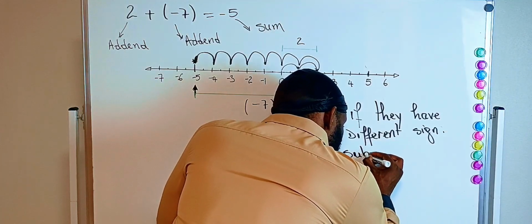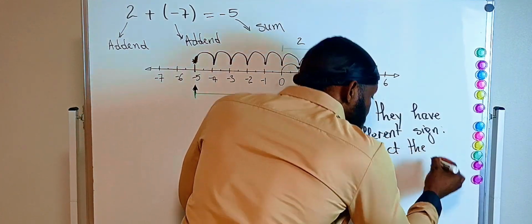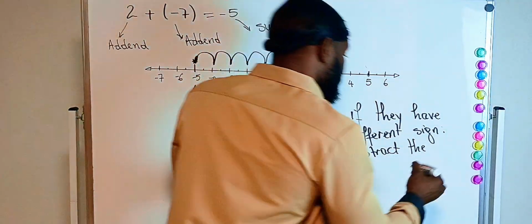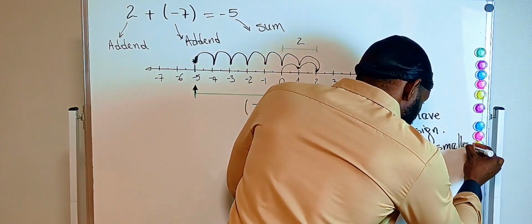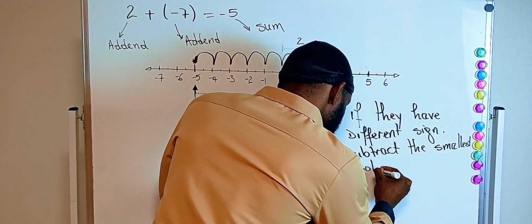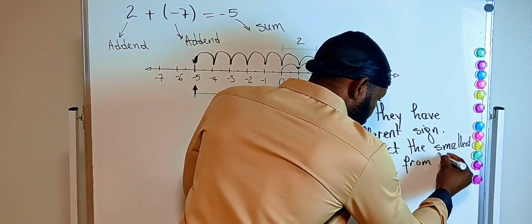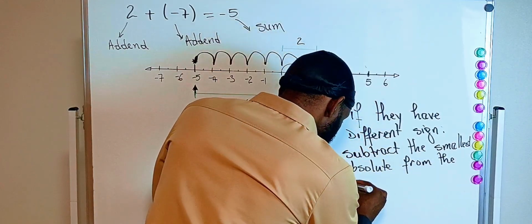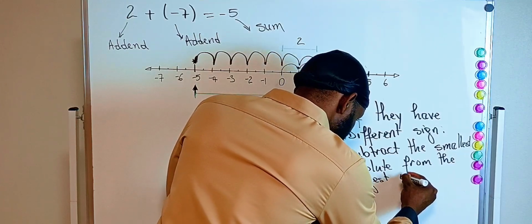We subtract the smallest absolute value from the largest one.